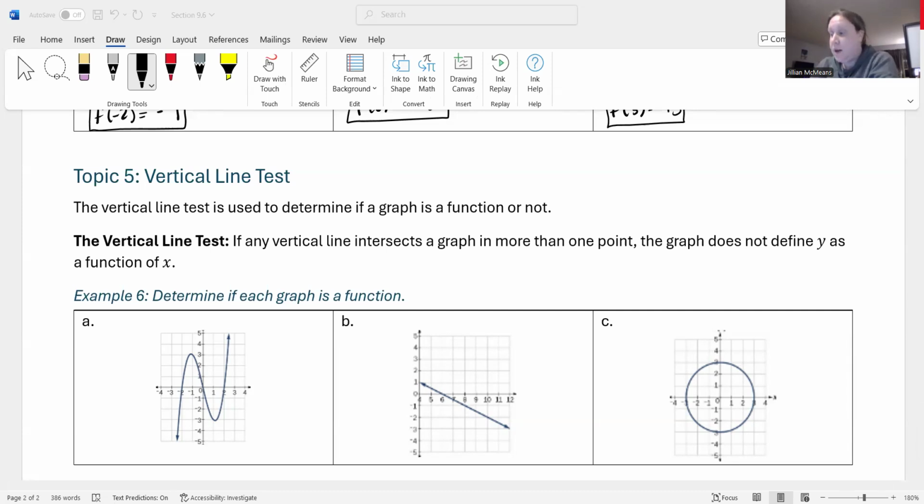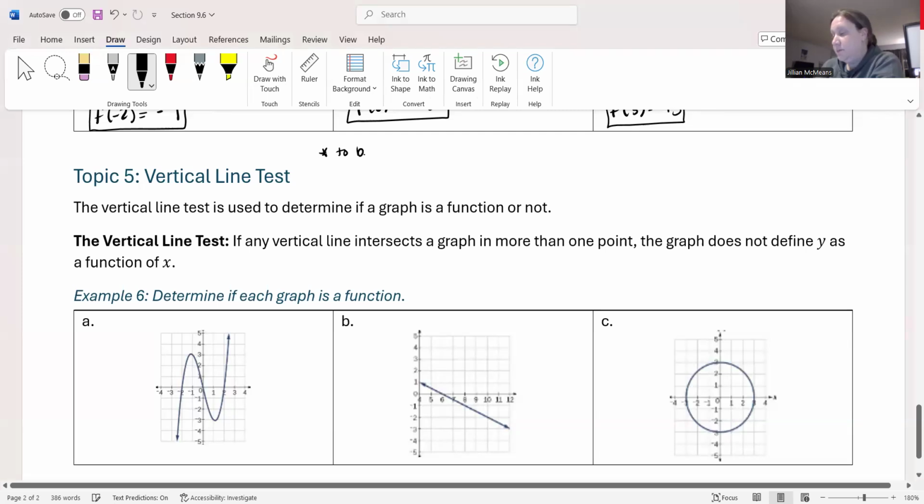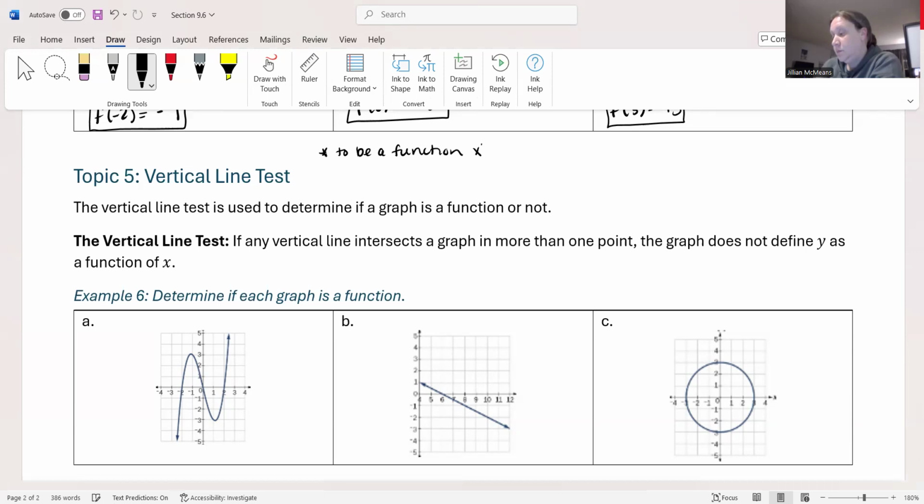Now we know a couple of things. We know that to be a function, x's cannot repeat. If you look at a function as a set of ordered pairs, an x cannot show up twice. We also know that vertical lines cannot be functions.